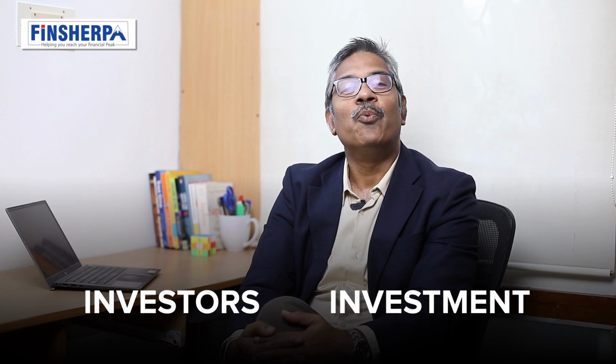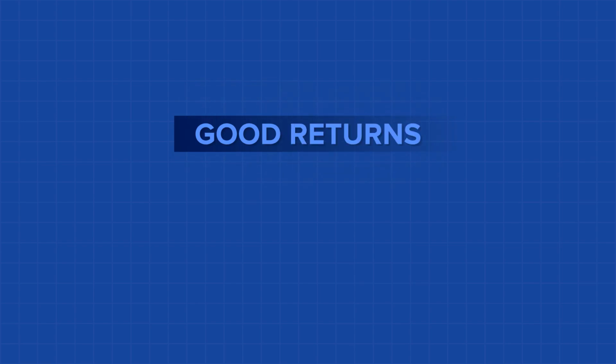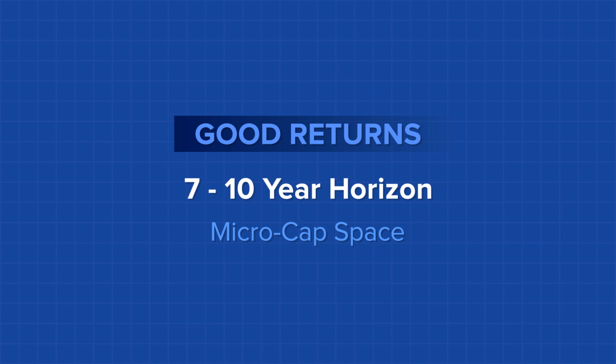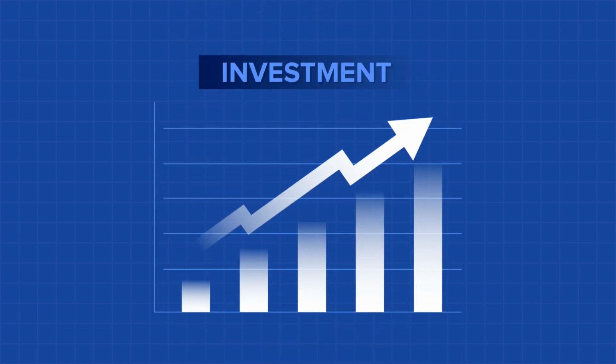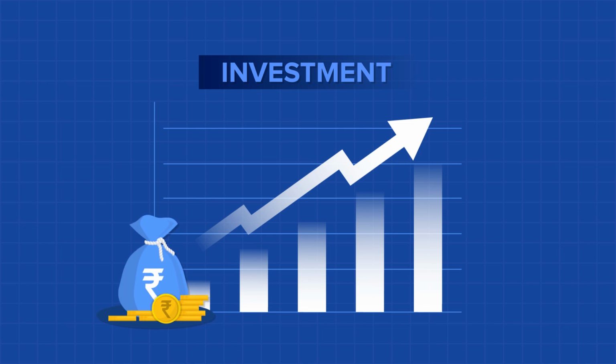Now, looking at how investors can make investments into this, we would recommend that only reasonably savvy investors venture into the microcap segment. Anybody looking to make good returns must look at a 7 to 10 year horizon in the microcap space, because that's really the time when some of these investments will blossom and give you tremendous returns. With anything shorter, you may get it right, but there's also a big risk of a negative happening at that point in time.